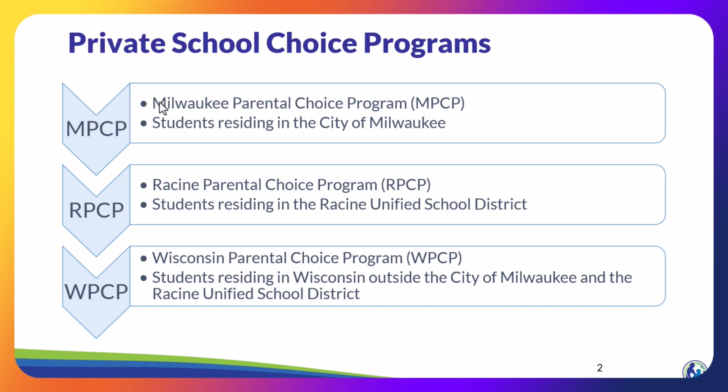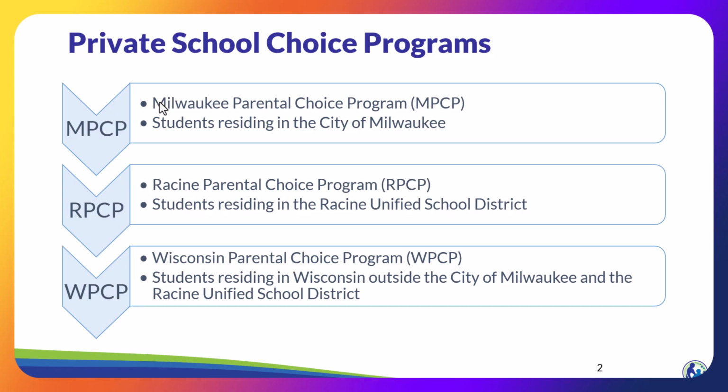The schools can choose to participate in one, two, or all three of the programs. Participation in any of the programs is based on where the student resides. Students who reside in the city of Milwaukee should apply to the Milwaukee Parental Choice Program.